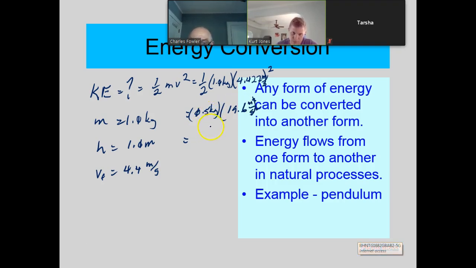Half of that would be 9.8 meters, kilogram meter per second squared. Okay? That's ugly units there. Let me get that cleaned up.